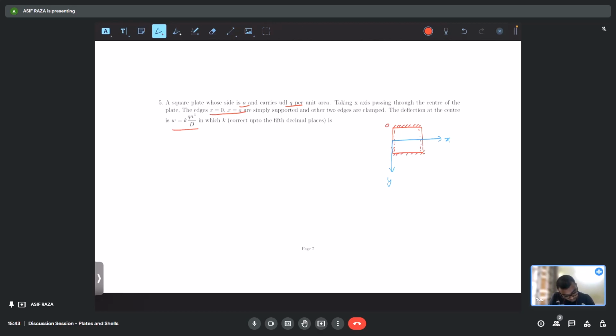So this is 0, this is a, this is y equal to minus a by 2, and this is y equal to a by 2. This is x equal to a and x equal to 0.